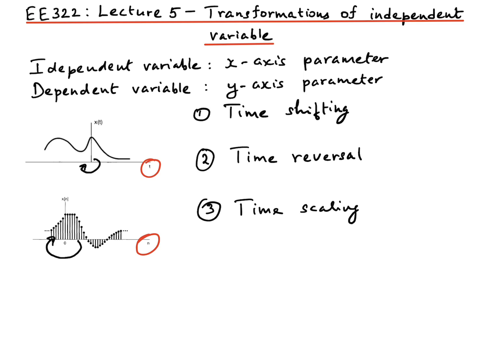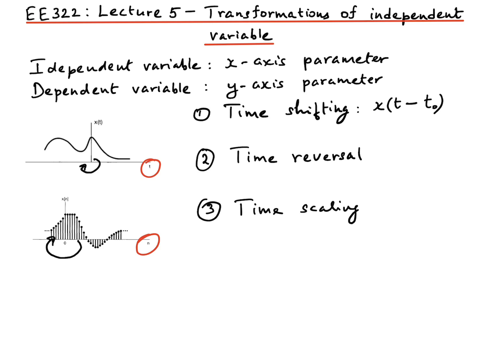So if you want to represent these operations mathematically, for time shifting, x of t is our original signal. Shifting means shifting it by some amount t naught. Now, depending on whether this t naught is positive or negative: if the value of t naught is positive, then we'll get x of t minus t naught.